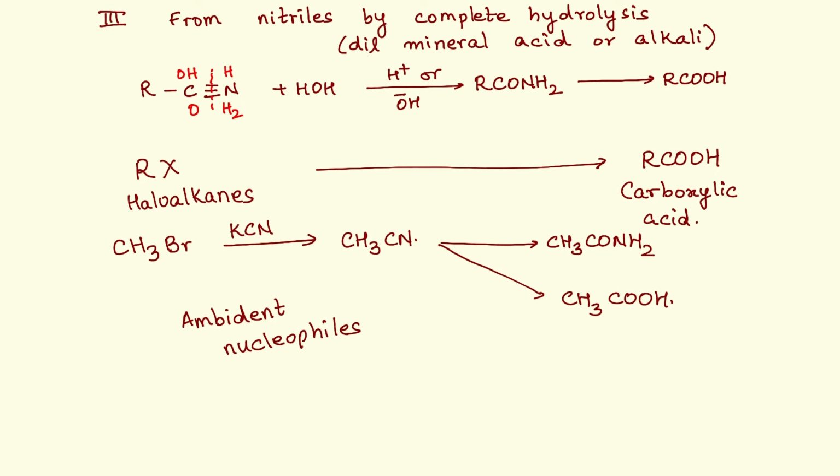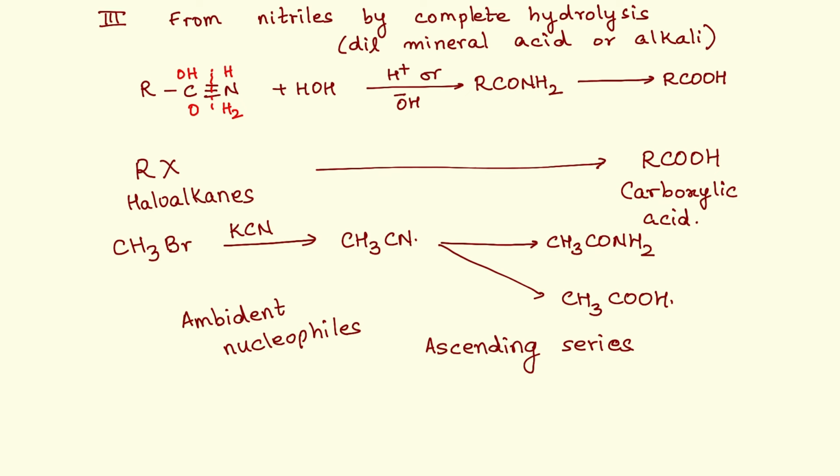In both cases, they have 1 carbon atom more than the original haloalkane. This is what we call ascending the series, going up the series. Ascend, go up, add more carbon to it, right?